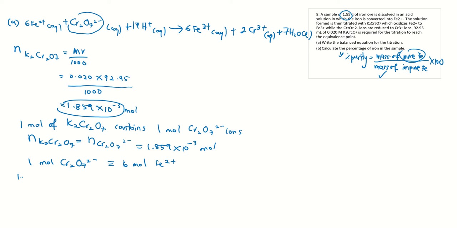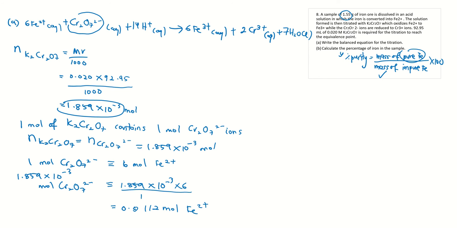So if we have 1.859 times 10 to the power of negative 3 mole of dichromate ion, it will react with 0.0112 mole of iron 2+.